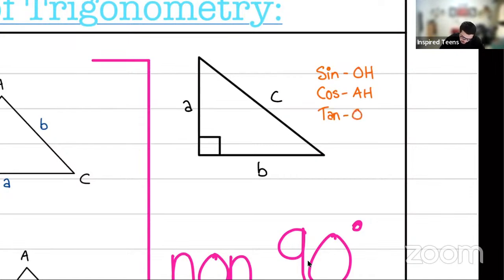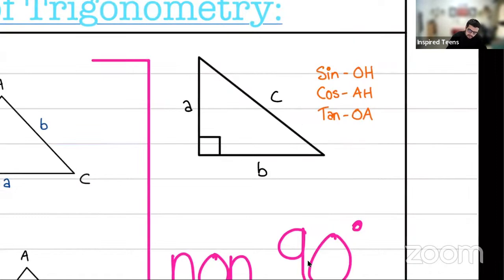So in 90 degree triangles, we can simply use SOH CAH TOA to calculate angles and sides, provided that initially we have some values, some angles, or one side and one angle. We can always rely on SOH CAH TOA in a 90 degree triangle.